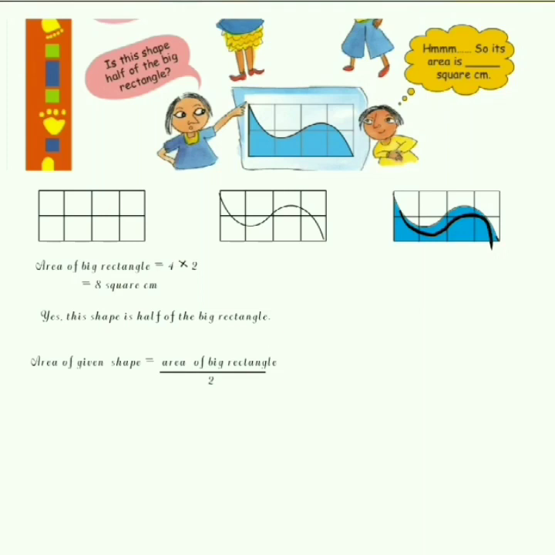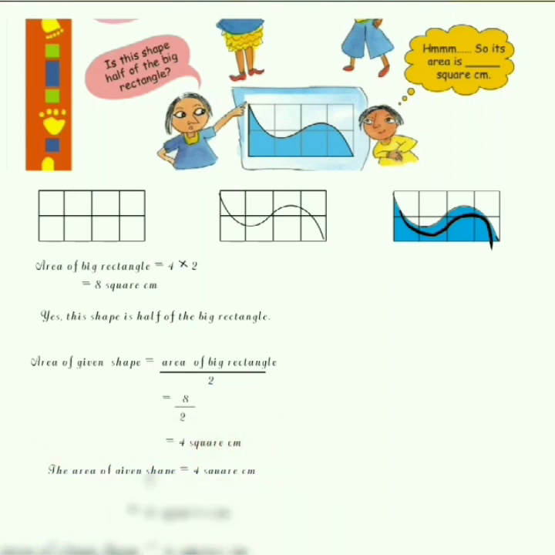What is the area of big rectangle? We just found it out by method: 8 square centimeter. So 8 divided by 2 is equal to, what will be the answer? 2 fours are 8. So the area of the given shape is 4 square centimeter.